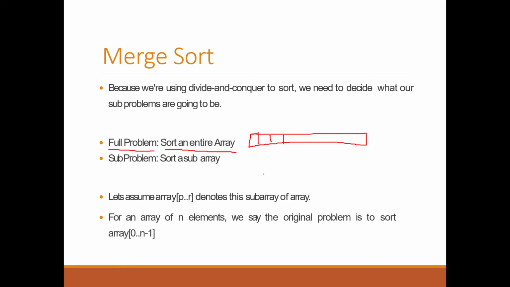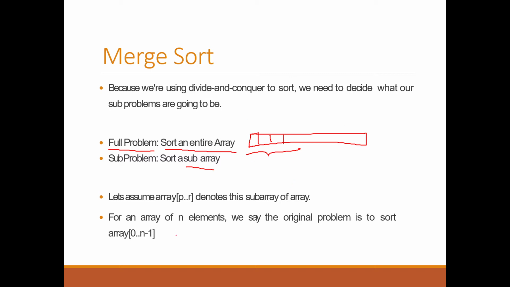So this is our entire task at hand. And what will be the sub-problem? We will be dividing this entire array into smaller arrays or sub-arrays, and sorting them will be my sub-problem. So after we have smaller sub-arrays sorted, we have to combine them to give the result for this entire array.